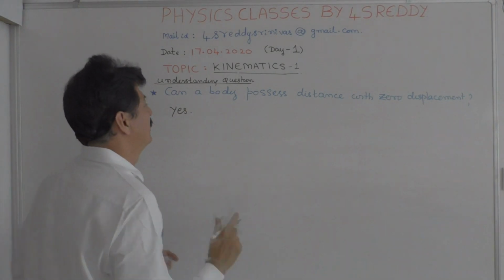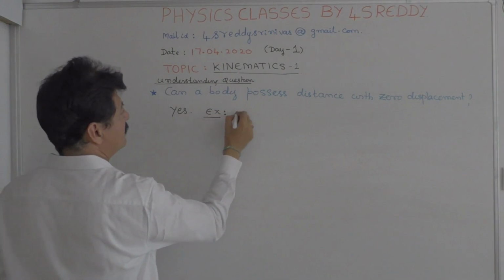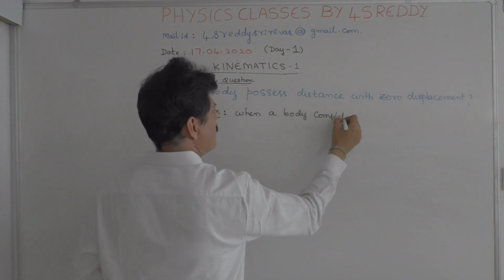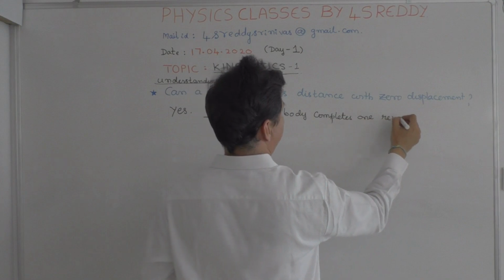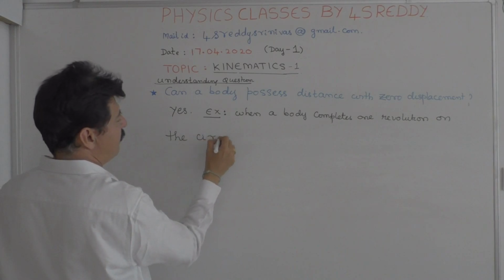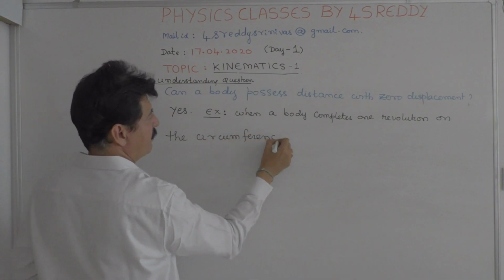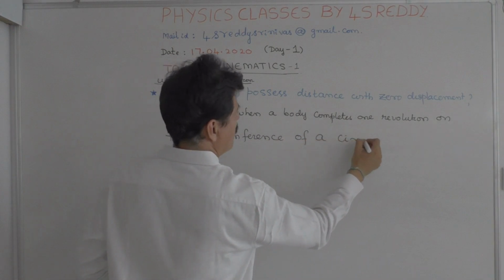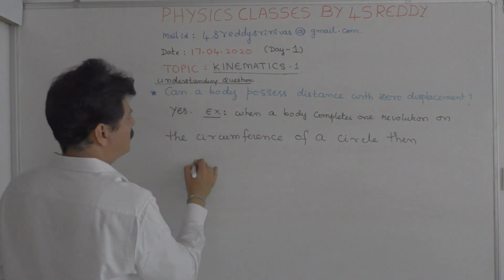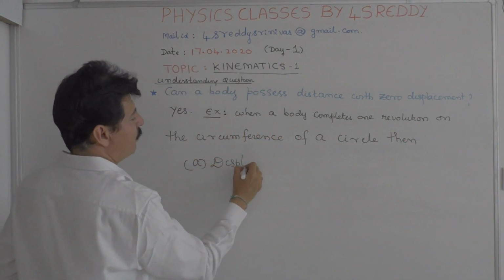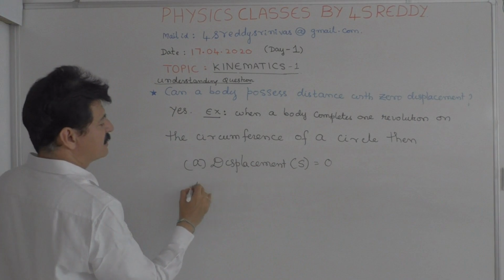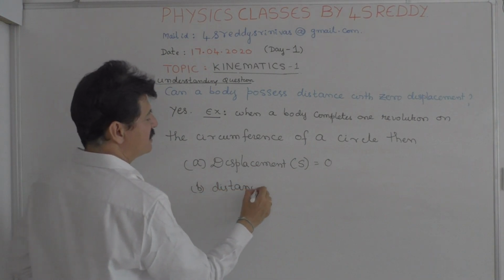The answer is yes, and an example you can write like this: when a body completes one revolution on the circumference of a circle, then displacement S is equal to 0, and distance d is equal to 2 pi r.